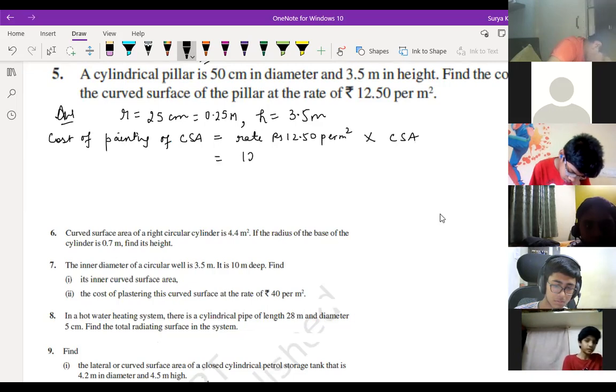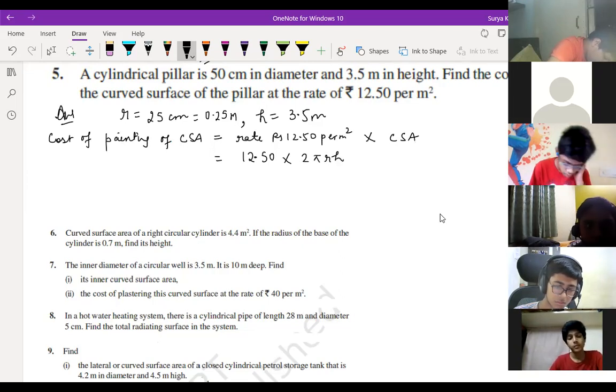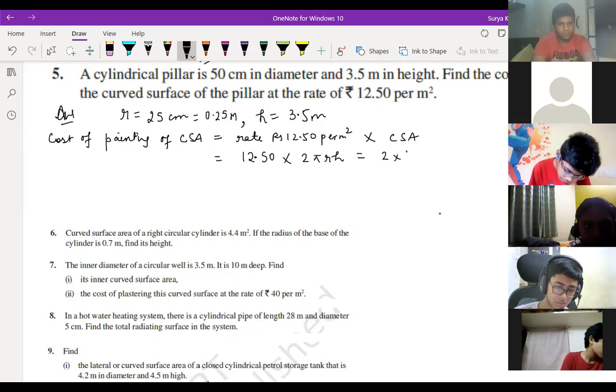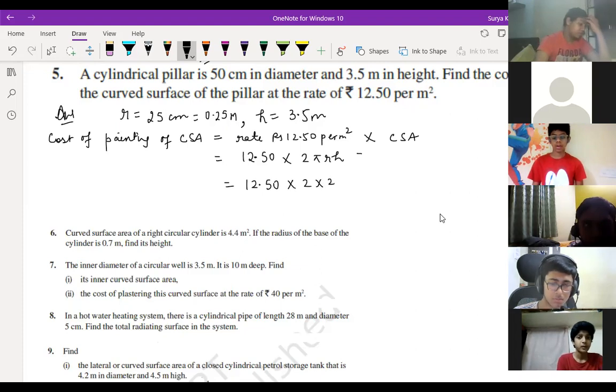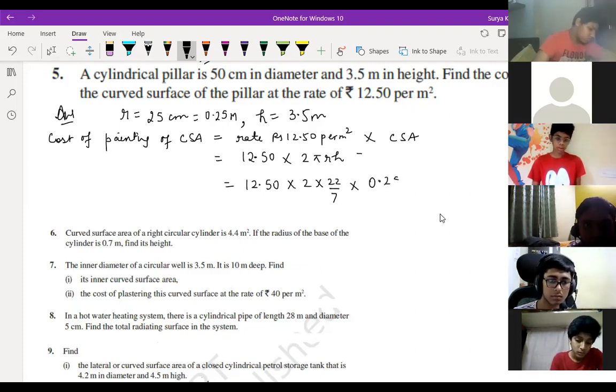Then I write here 12.50 multiplied by CSA, which is 2 pi r h. Again, I can write here 12.50 multiplied by 2 into 22 by 7 into radius 0.25 into height 3.5.